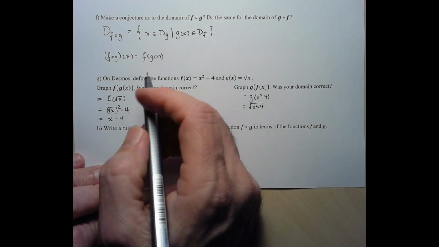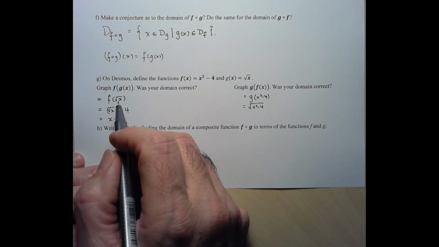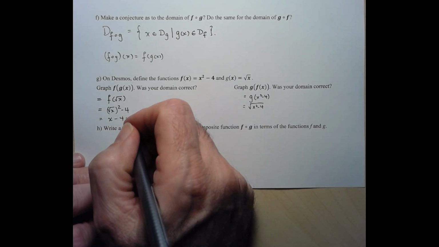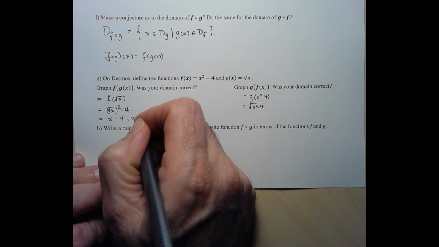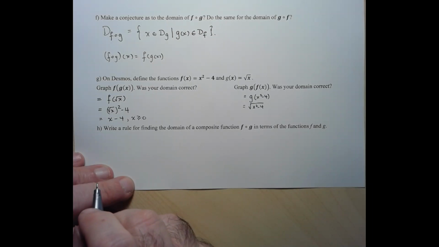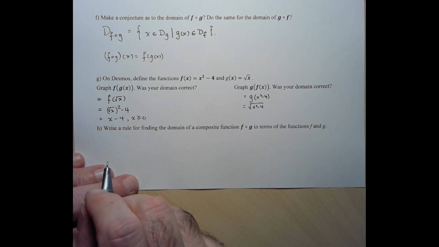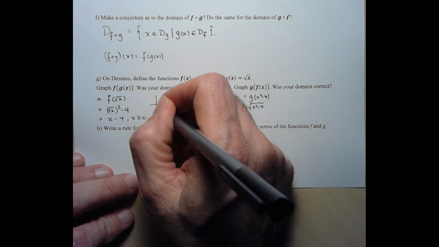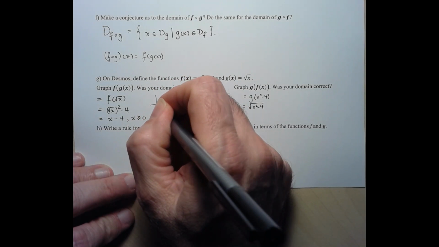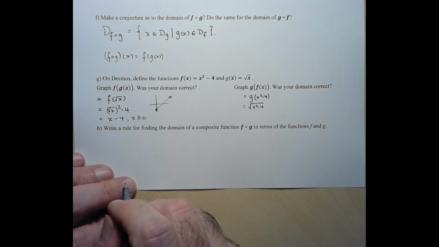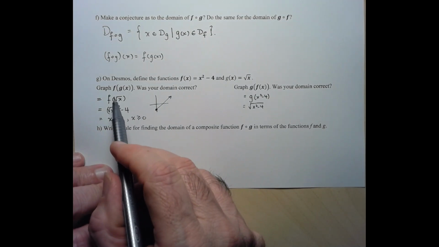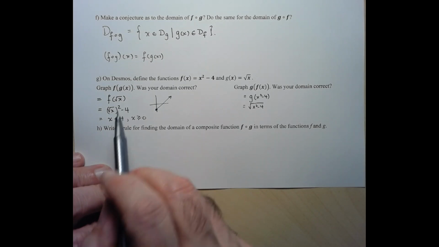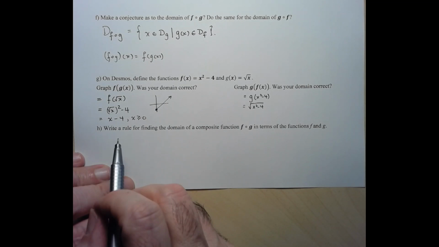But you have to keep in mind that this was actually a two-step process. X first had to go into root X. So we have to specify here that X has to be greater than or equal to 0. When you graph this on Desmos, you probably would have seen something that looks like that, because of course that initial step of not being able to take the square root of a negative number still holds.